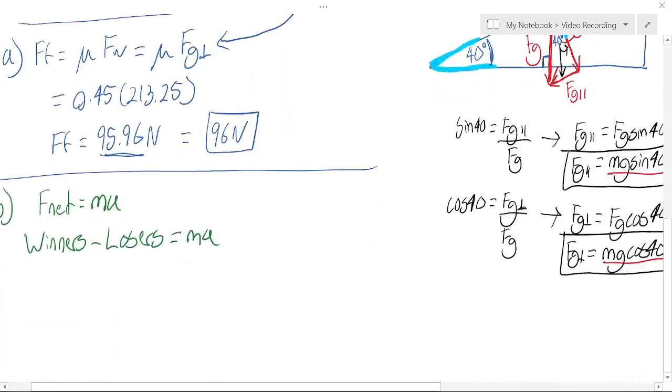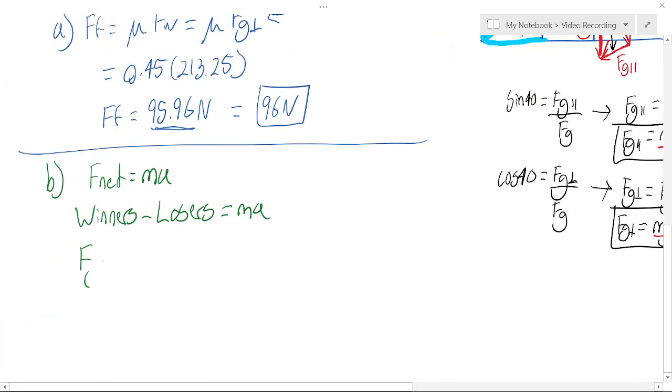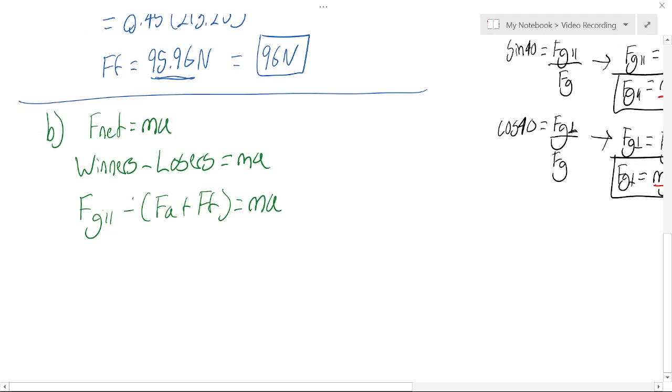And Newton's law says that the winning force minus the two losing forces, so you can represent that like this. So winners minus losers, being Fa and Ff, equals ma. Or if you factor this negative into here, you can represent this like this. Winners minus losers, and you just make the losing forces negative.